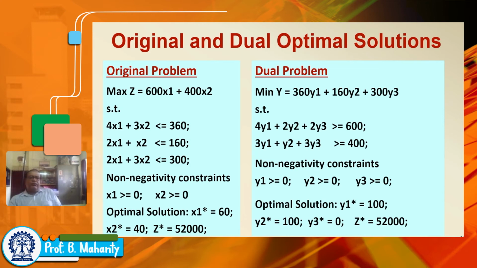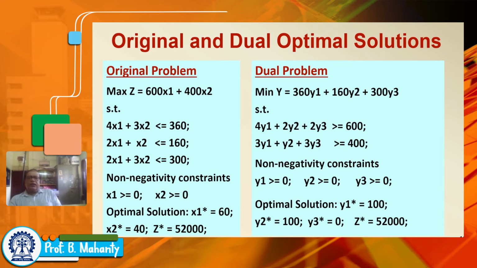In the original problem, the optimum solution is x1 star equal to 60 and x2 star equal to 40 and z star equal to 52,000. So what really happens, these x1 and x2 are like dual variables to these two equations, yes or no?